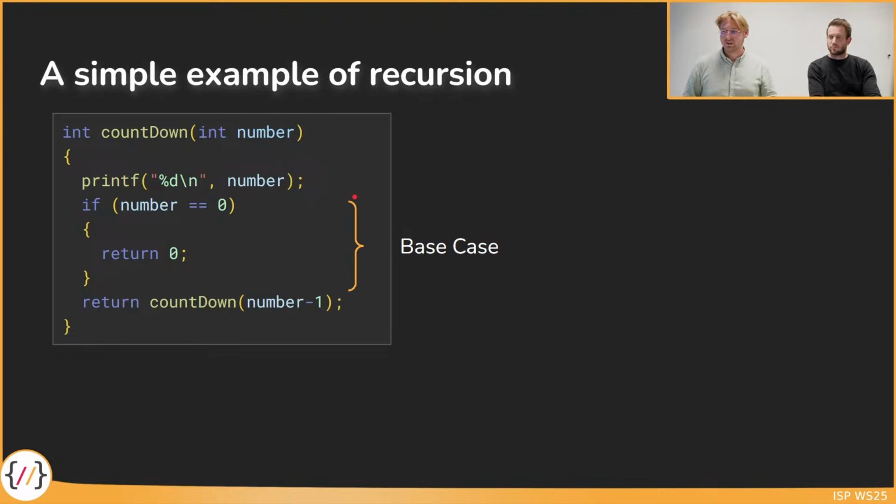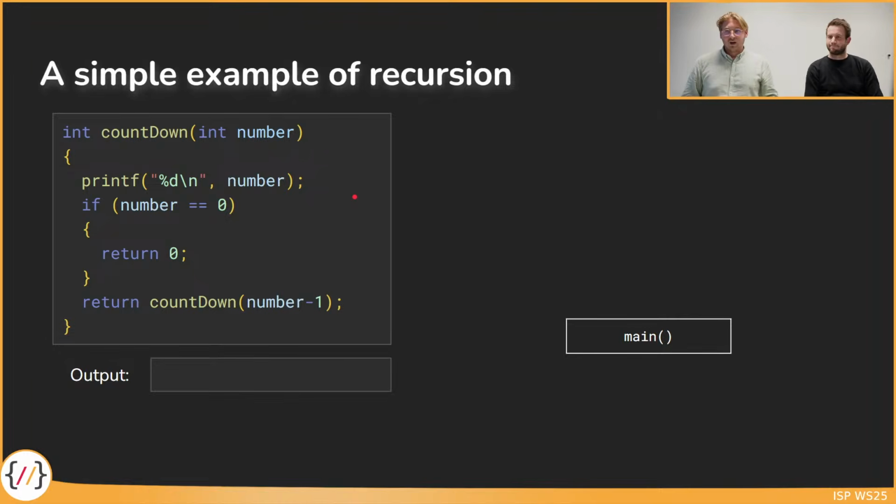We'll see this very soon. So we always have to specify a base case to avoid an infinite call of the function, and the other case is that we have to call the function itself again, because otherwise it wouldn't be a recursion at all.